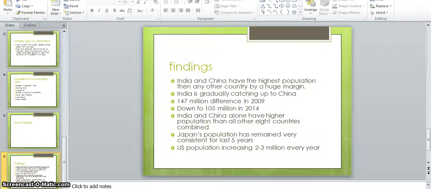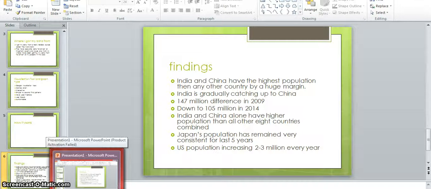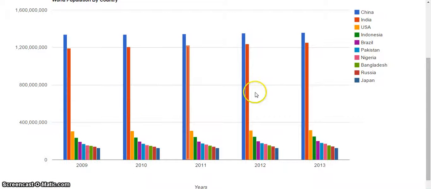And the other finding that I got is Japan's population has remained very consistent for the last 5 years. If you look at Japan's population, it's always remained around 127 million for the last 5 years, which is really consistent. And the other finding that I got is that U.S. population increases by 2 to 3 million every year.